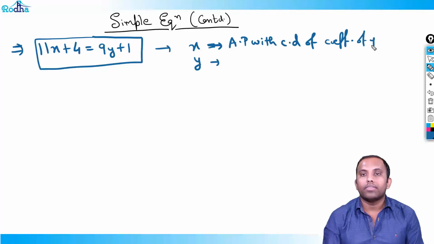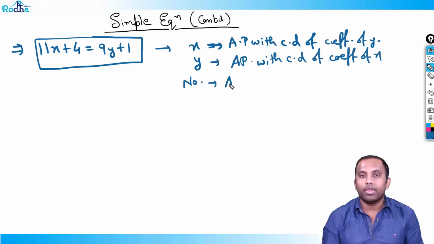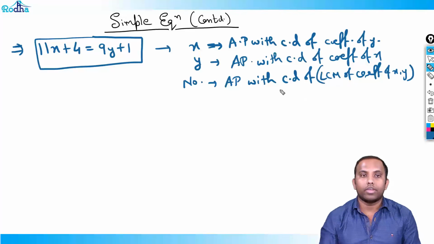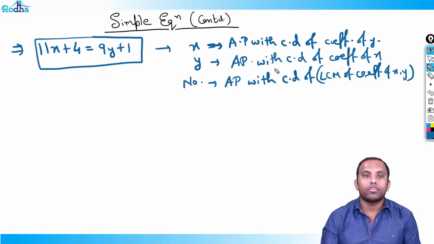The y series will be an AP with common difference of coefficient of x, and the number will be an AP with common difference of LCM of coefficients of x and y. This we discussed in the last video only. So we'll solve questions now.